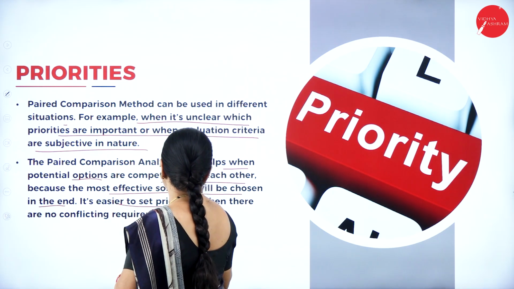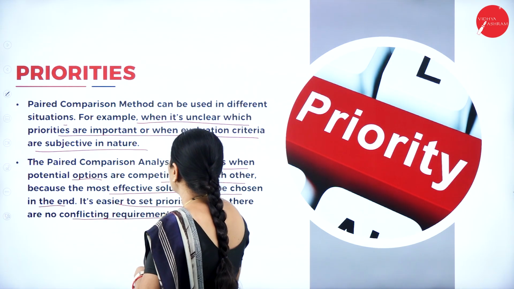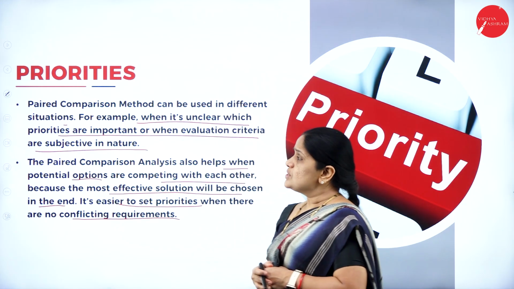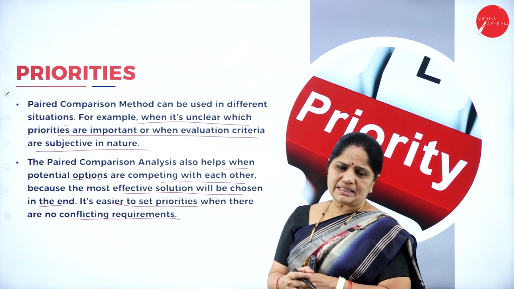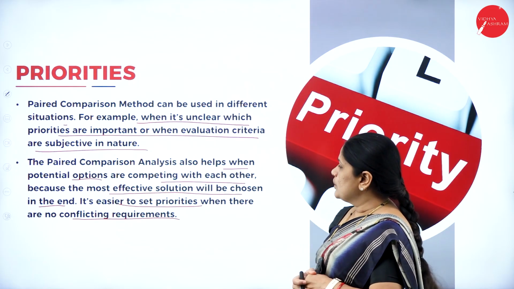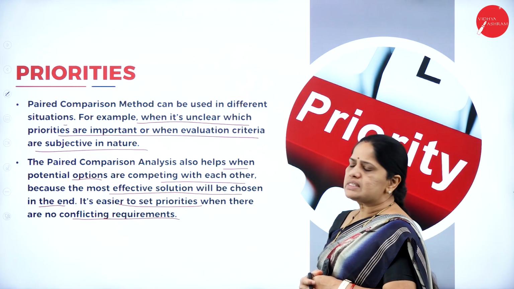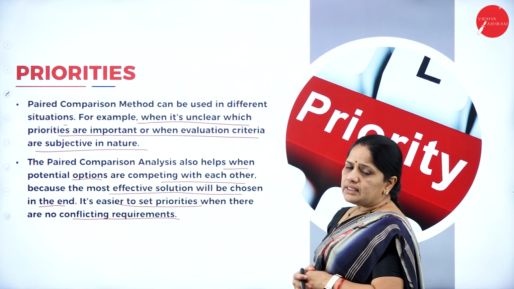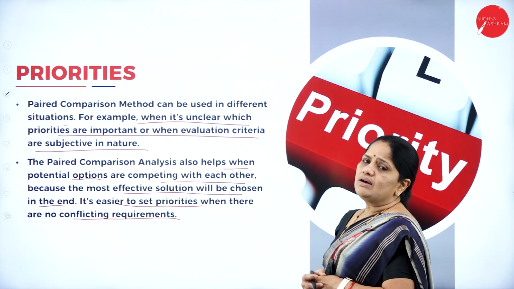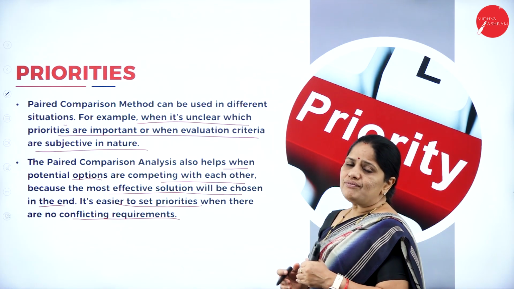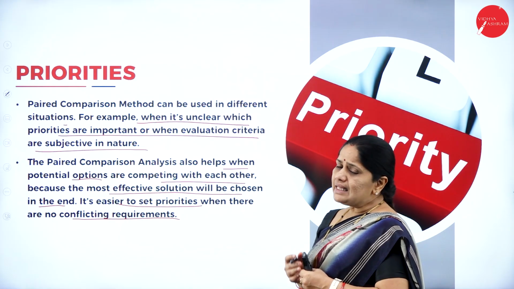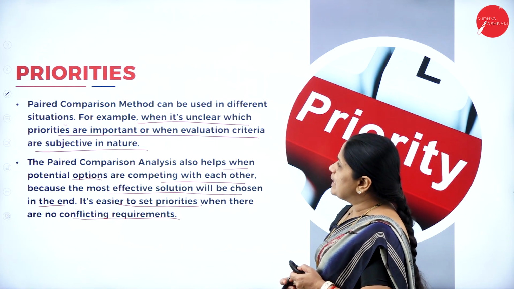It is easier to set priorities when there are no conflicting requirements. So this method will help us to know what the effective solution will be, and to understand the importance of one variable over the other, and in the end it will help in decision making.